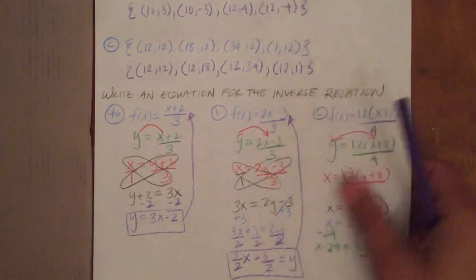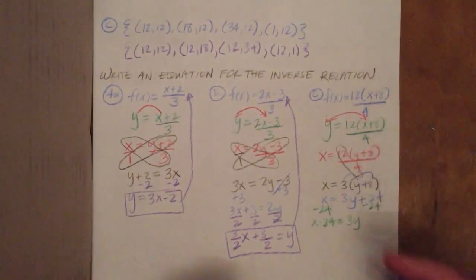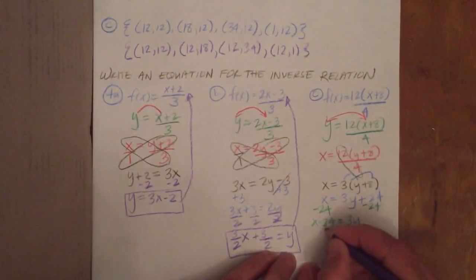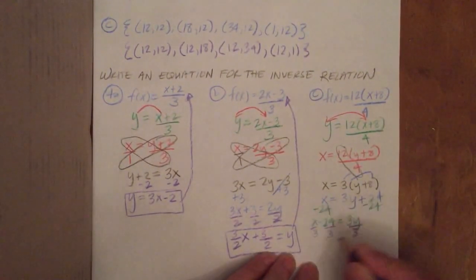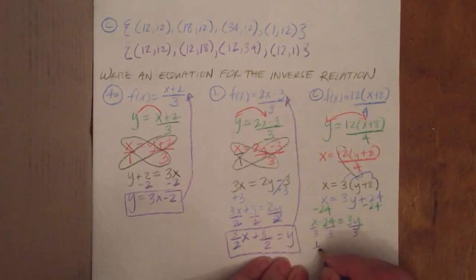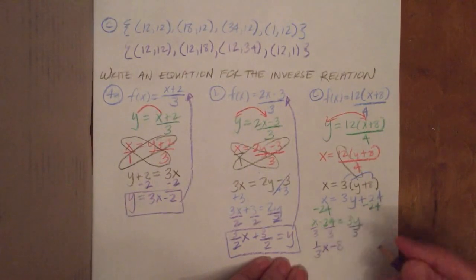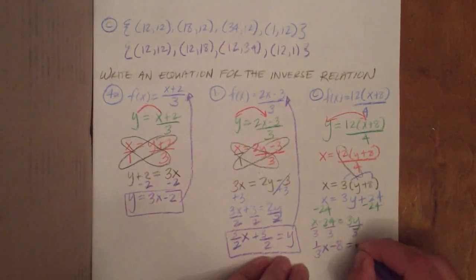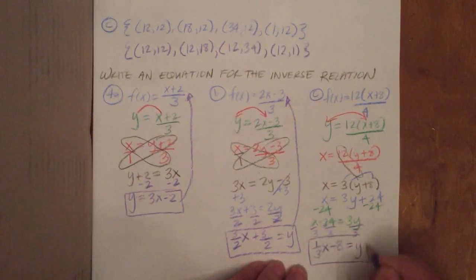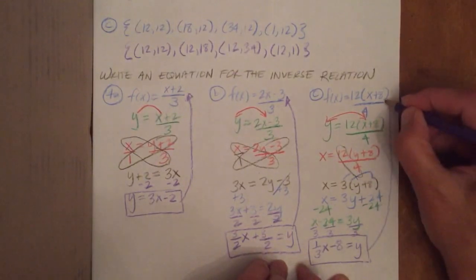And then for my last step, I'm going to divide everything by 3 because I want 1y. So I have 1/3 x, or x over 3, minus 8, that's what 24 divided by 3 is, equals y. And that is your inverse relation to this function.